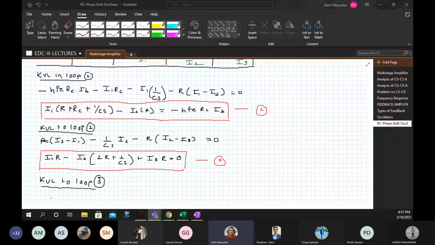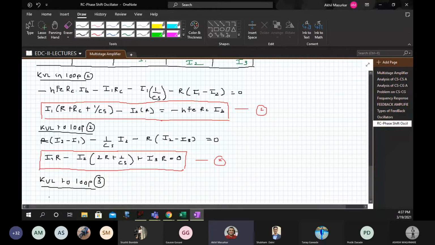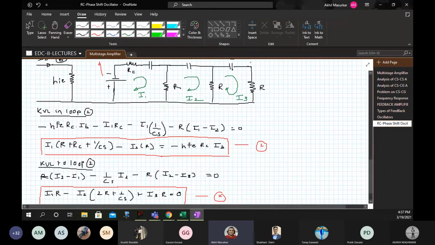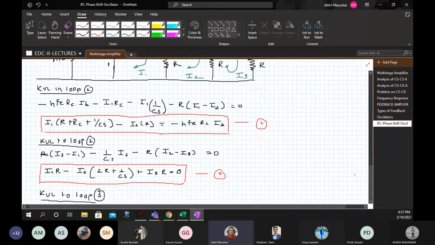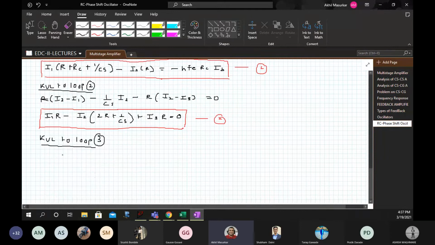That will be minus, so just for the sake of revising, currently we are in loop 3, so we are looking at R. So we write that R first. I'll write minus R into, what is the current flowing through this? That is I3. And what is the current due to the other branch? That is I2. So I write minus R into I3 minus I2.